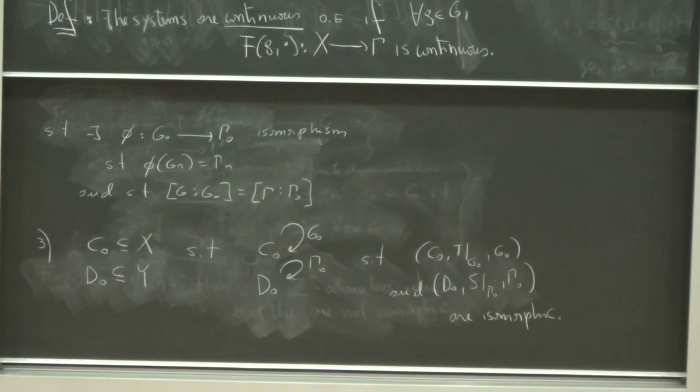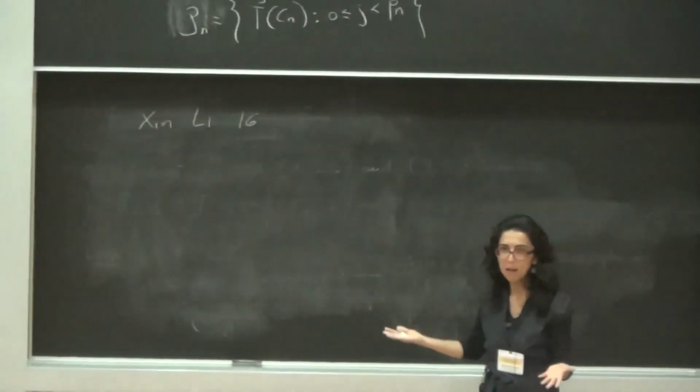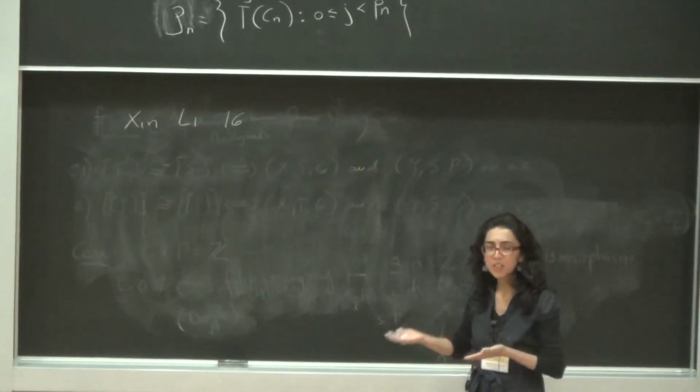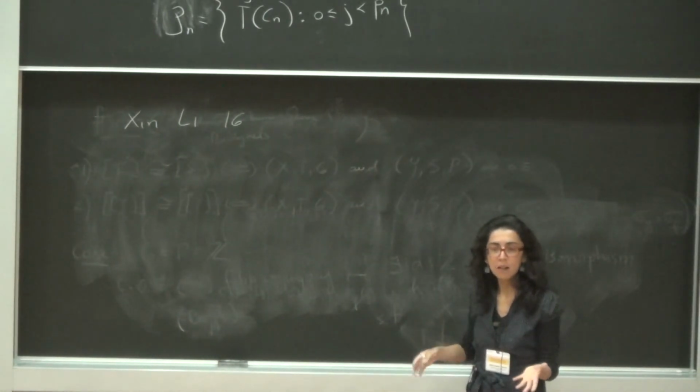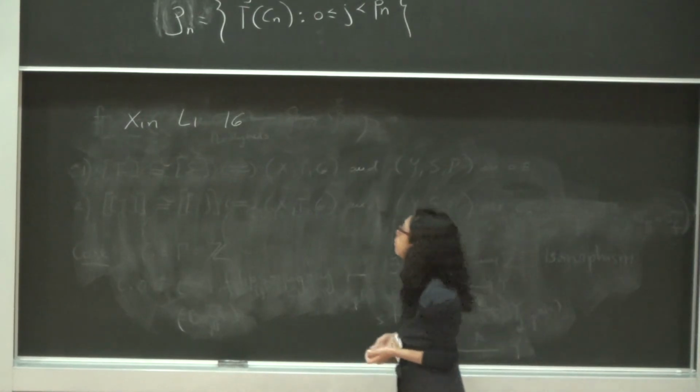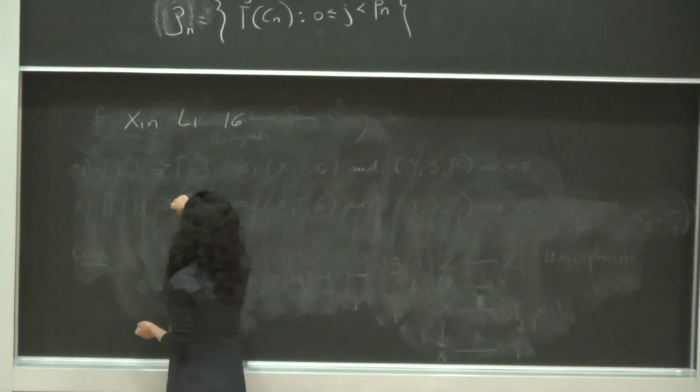One system is given by the action of a group G, the other one is given by the action of a group gamma. There is some restriction on gamma and G, and here there is an answer.